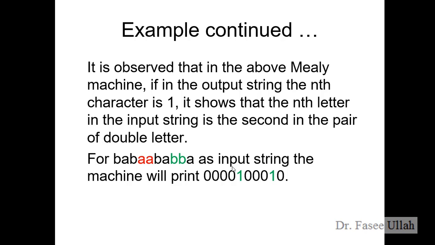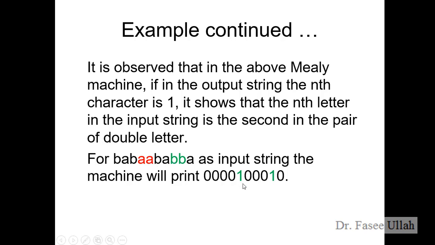The nth could be the first, second, third, or any value; it is a generic term that represents a particular character. So if the input contains the character 1, the output has the second letter of a double letter, for example 2 times A and 2 times B, right?